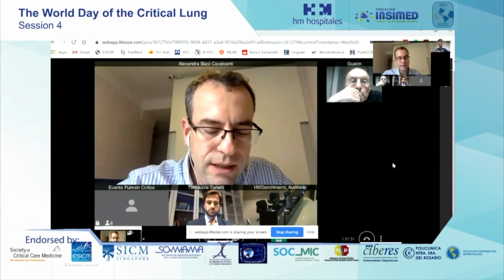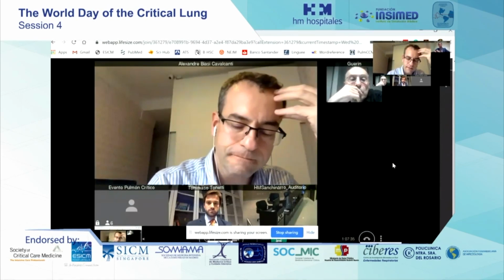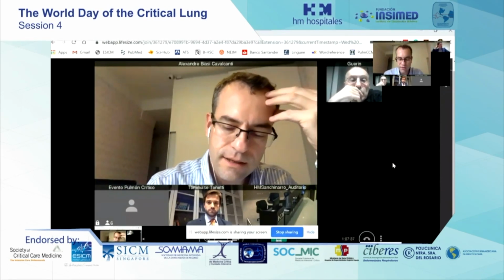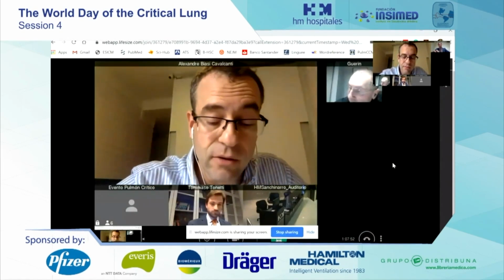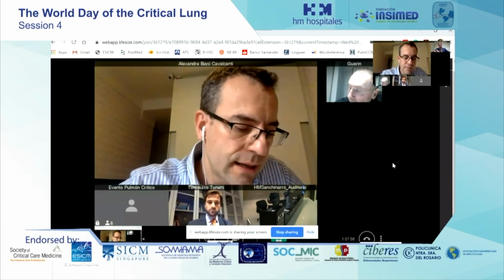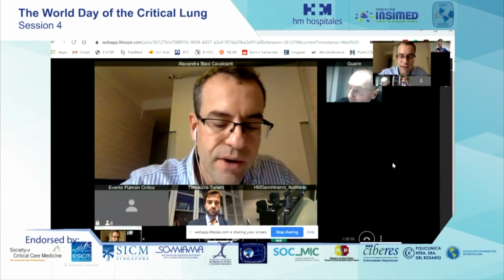And it was very interesting that in this study, compared to a simpler method of using a simple table of combinations of PEEP and FiO2, the average PEEP level they obtained was similar in the experimental and control group. The driving pressure, both measured at the airways or the transpulmonary driving pressure, was similar between groups.